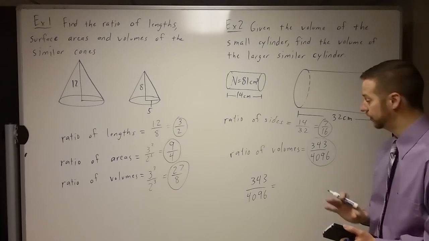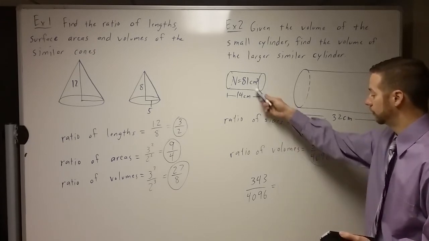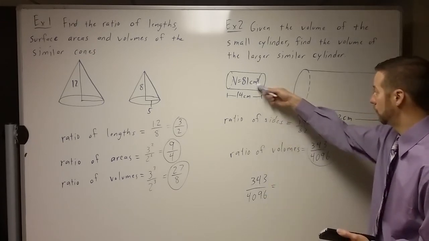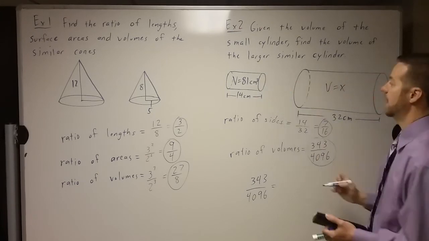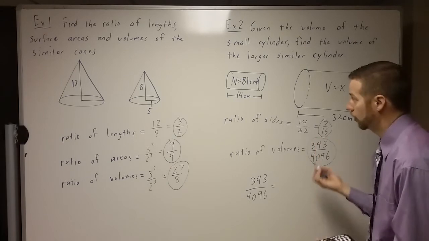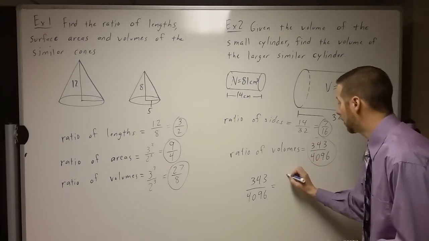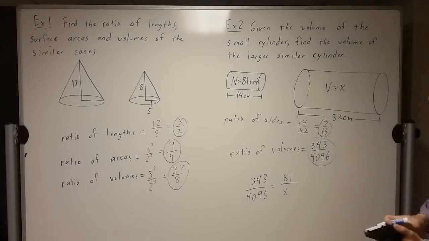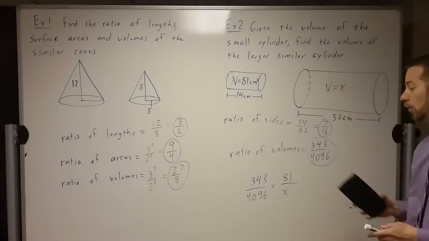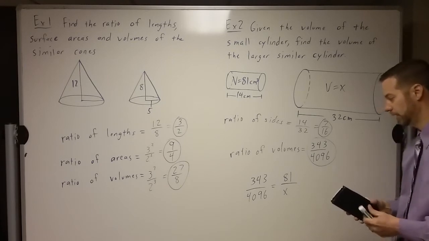Now think about how we want to set up this proportion. We're going small shape to big shape. There our volume's 81. Here our volume is unknown. I'm just going to call it x. And so our 81 is the small shape. Our x is the big shape. So we want our proportion to look like that. That's not the only correct setup for this, but that is a correct setup that would work.